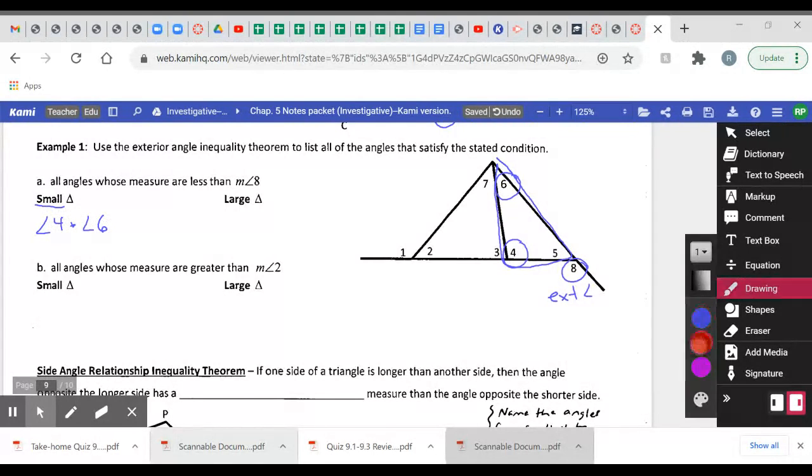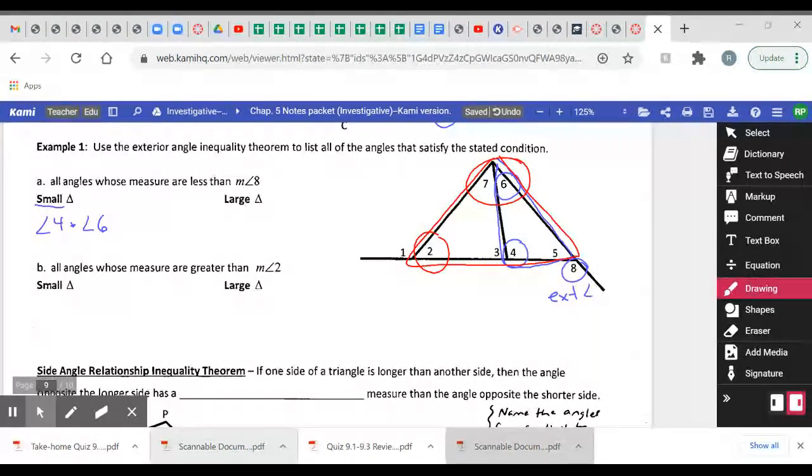Okay, and now if I look in reference to the large triangle that 8 is an exterior angle of, we're looking at this whole guy right here, then 8 is an exterior angle for these two remote interior angles. So 8 has to be bigger than angle 2.